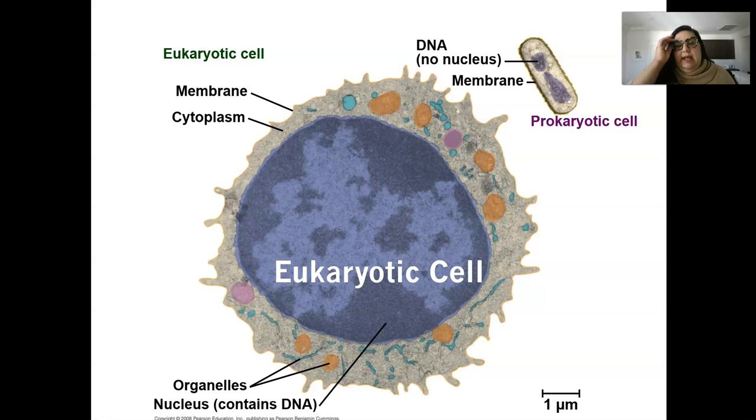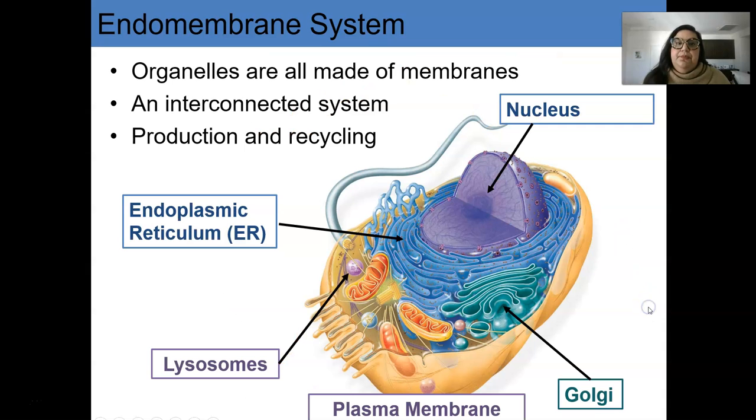So the DNA is free floating in the prokaryotic cell, whereas in the eukaryotic cell, the DNA is in a membrane-bound nucleus. We are going to focus on the eukaryotic cell in the rest of this lecture.